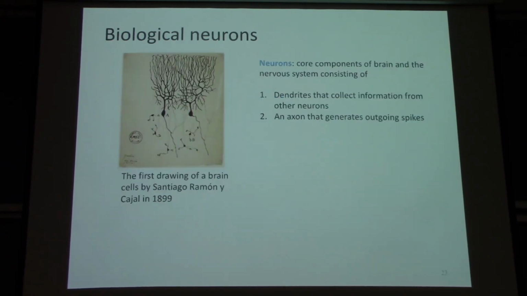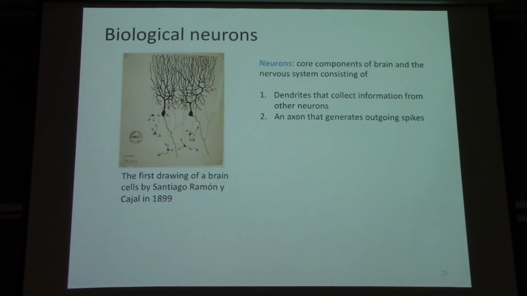So any discussion of neural networks would be incomplete without mentioning biological neurons. I know nothing about this stuff, so I'll just mention what I learned from Wikipedia. Apparently, the brain contains neurons, and they have axons and dendrites. That's pretty much all I know. This is the first drawing of a brain cell from long back.